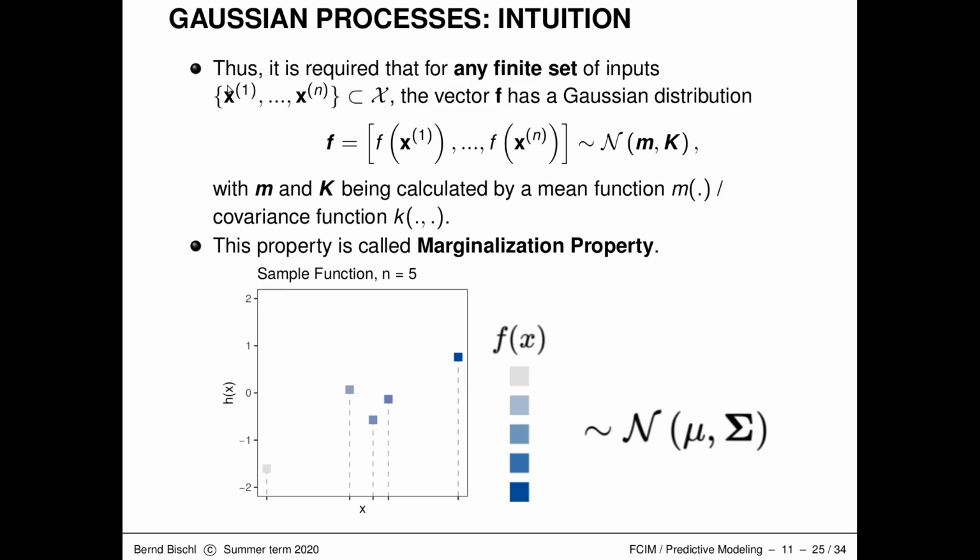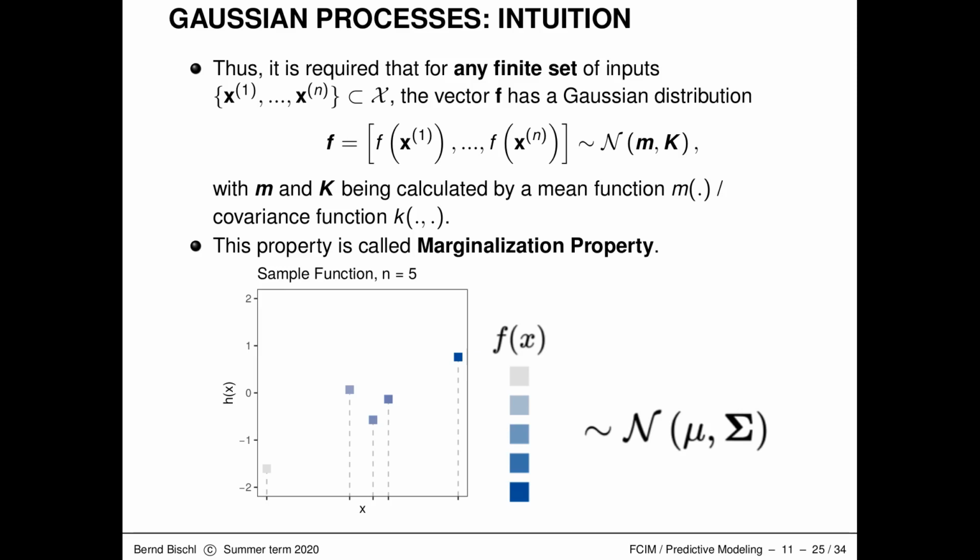Whenever I consider and look at a finite subset of capital X, and then consider the vector of outcomes on that finite subset, I want that this vector of outcomes, whatever the size it is, as long as it's of finite size, should be normally distributed. And this property we call the marginalization property of a Gaussian process.